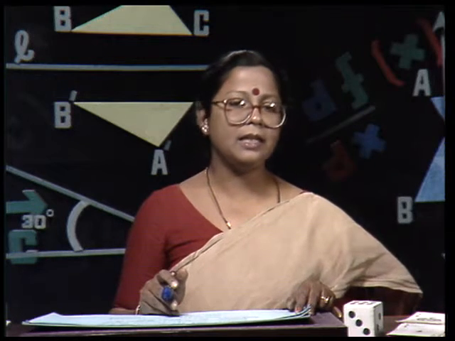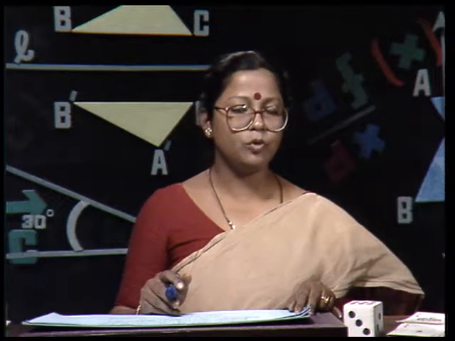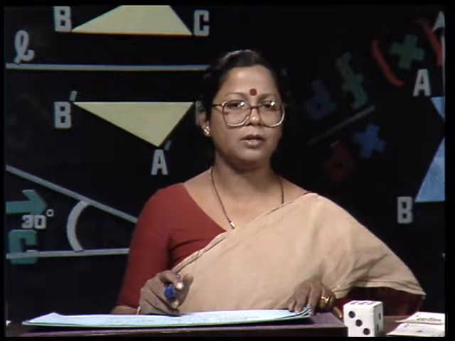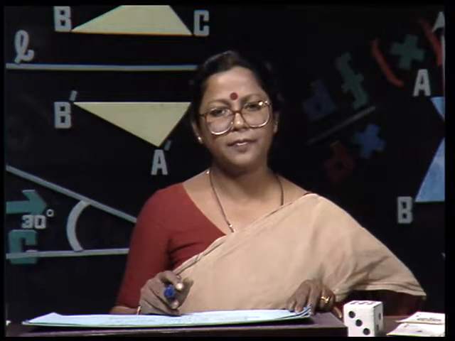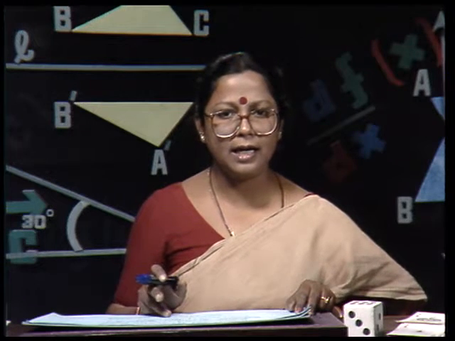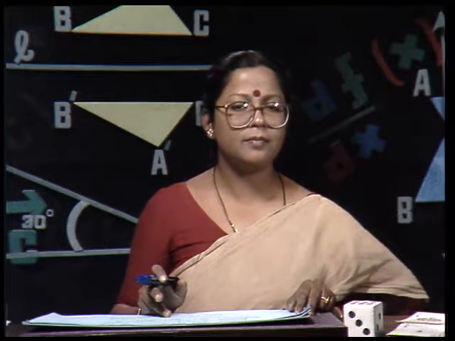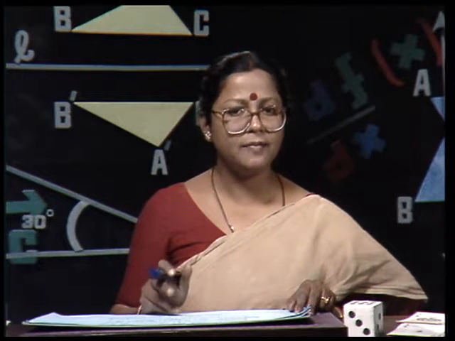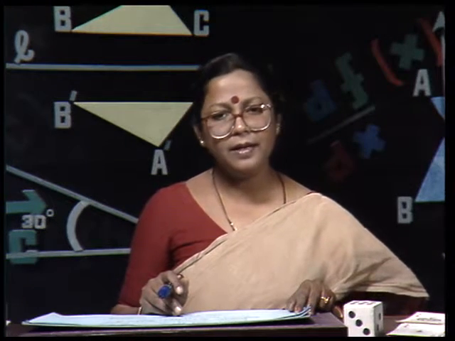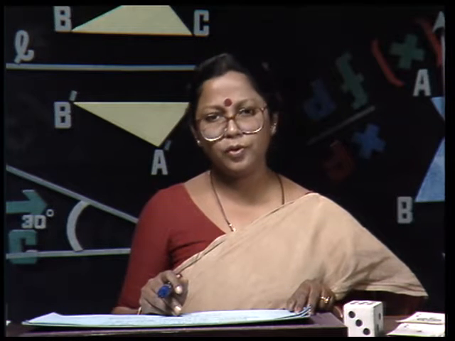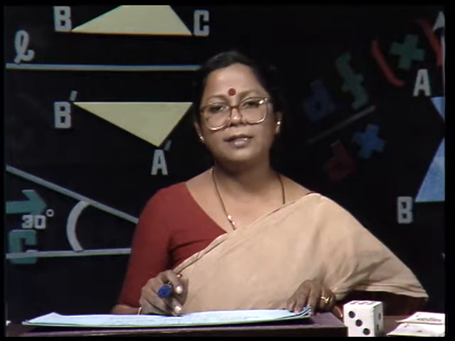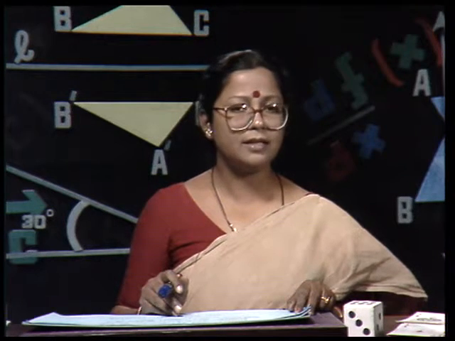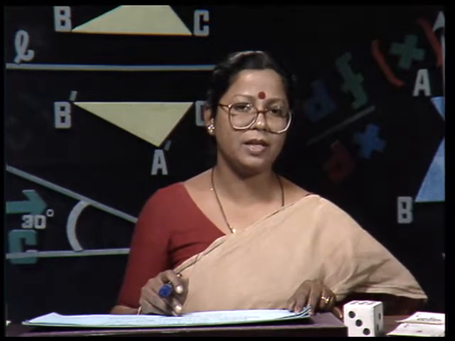We know that in a die the numbers 1, 2, 3, 4, 5 and 6 are marked on the 6 faces of it. So, when we throw a die, there are 6 possible outcomes. So, the sample space has 6 elementary events. Similarly, if we throw 2 dice, then the sample space will have 6 into 6, that is equal to 36 elementary events.